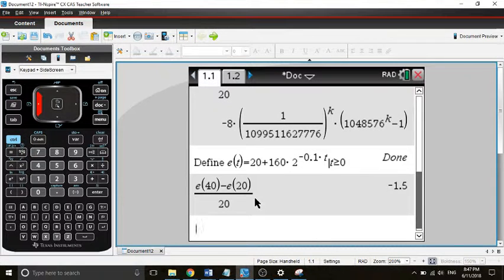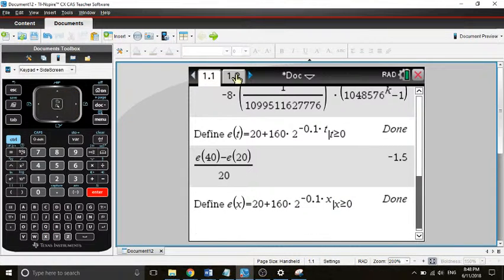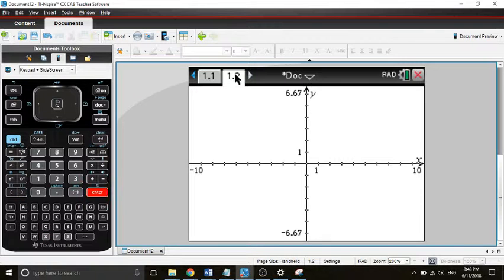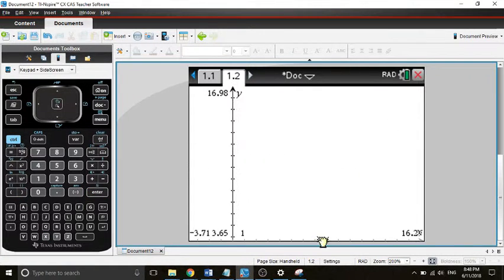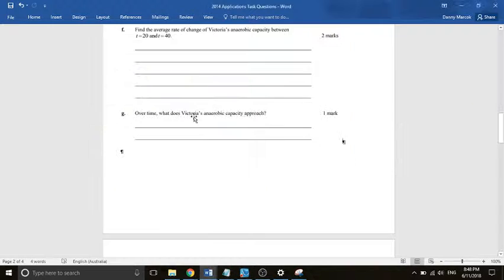So define E of x as this. I'm going to graph that E of x, and if we scroll up, oh no, it's not there. Maybe it's going to approach 180.